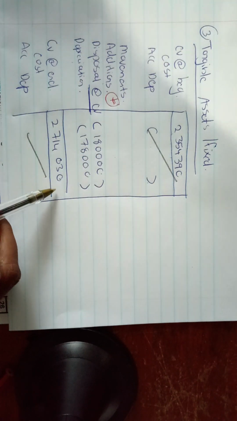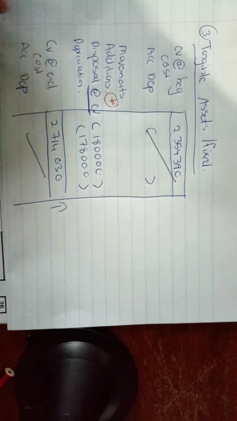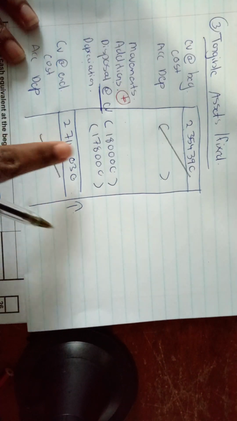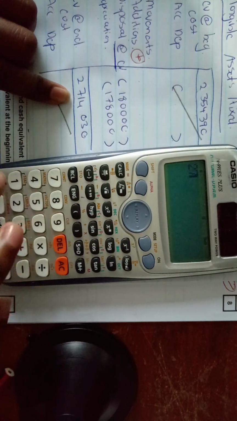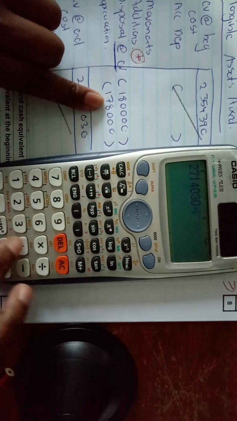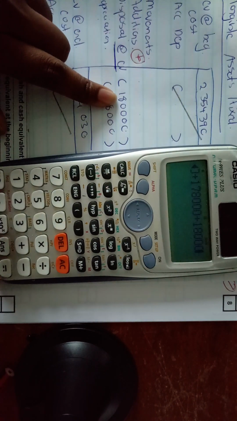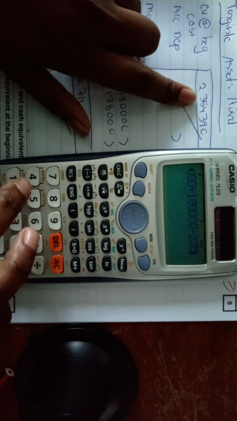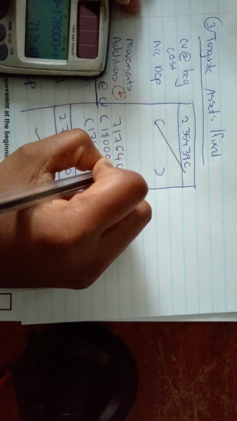Now because I do not have additions, I'm going to start from the bottom and go to the top. Remember, if I'm starting from the bottom and going to the top, I'm going to do the opposite operation. So I will say 2,714,030 plus 178,000 plus 180,000 minus 2,354,390. And what will I get? I will get 717,640.